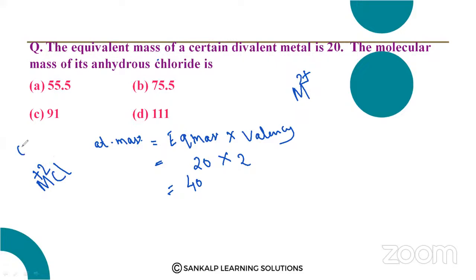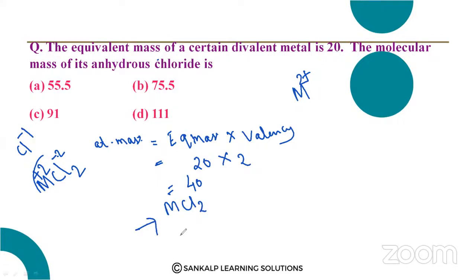Each chlorine has a charge of -1. For the compound to be neutral, the charge on Cl should be -2, which happens when you take 2 chlorides. So the molecular formula is MCl2.